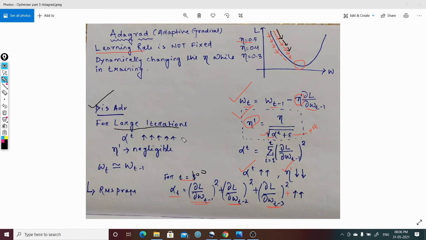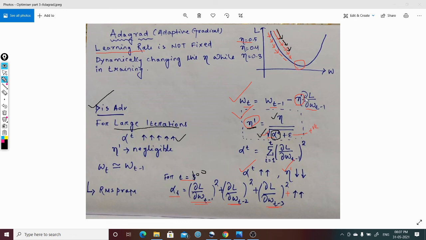So in time, alpha t will become very high. If this denominator becomes very high and positive, keeping the initial learning rate constant, this new learning rate will be very low, negligible, and will try to come to zero.